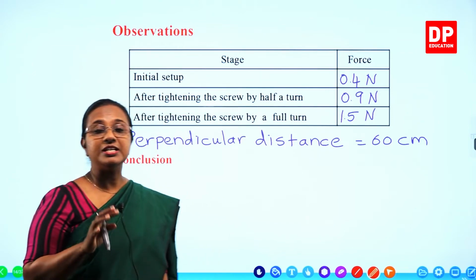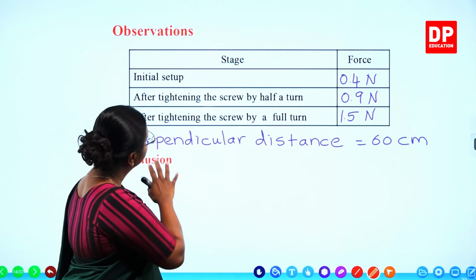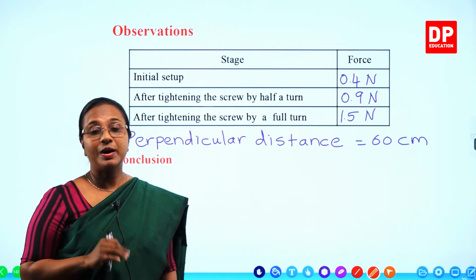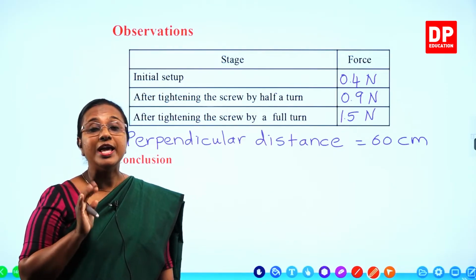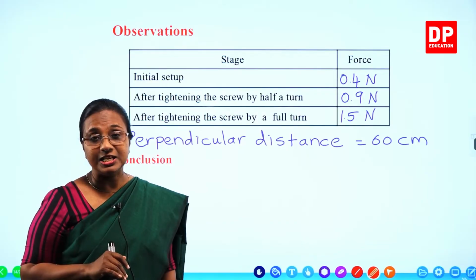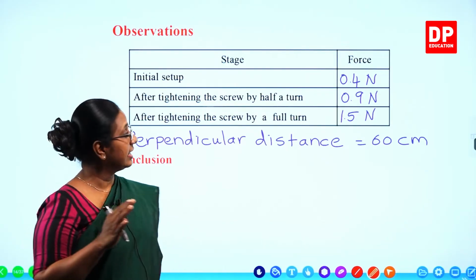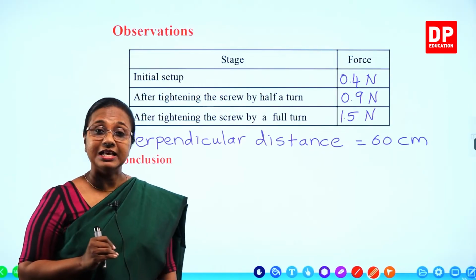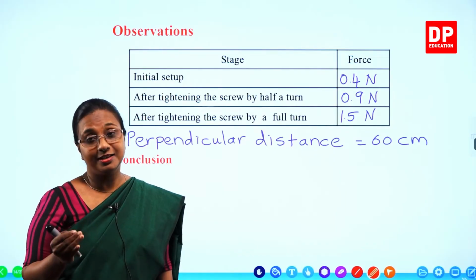So you know, students, that did not change. Then from these observations, what can we conclude? You can say when the moment increases, the force that needs to be applied has to increase, or the other way around, when the force applied increases, the moment of force will increase.